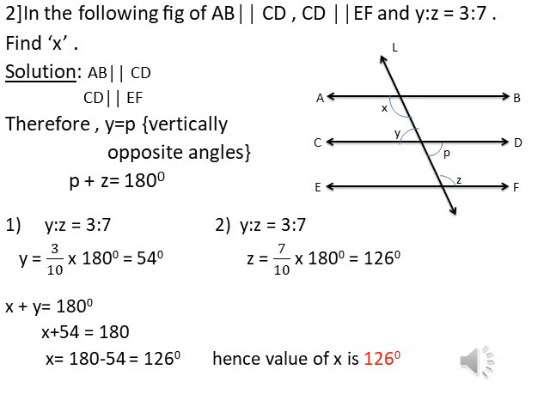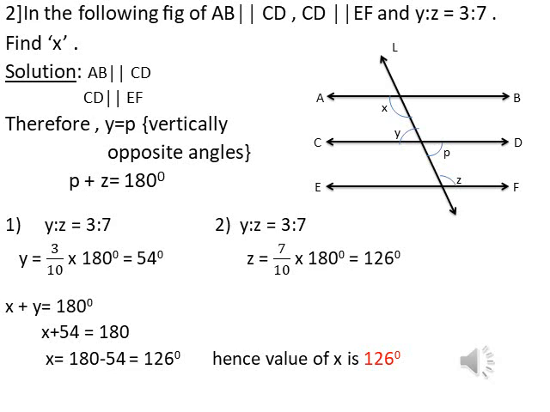After simplifying, we got Y is 54. Similarly, Z is getting 7 parts out of the total of 10, so 7 out of 10 multiplied by 180. So Z is 126 degrees and Y is 54 degrees.